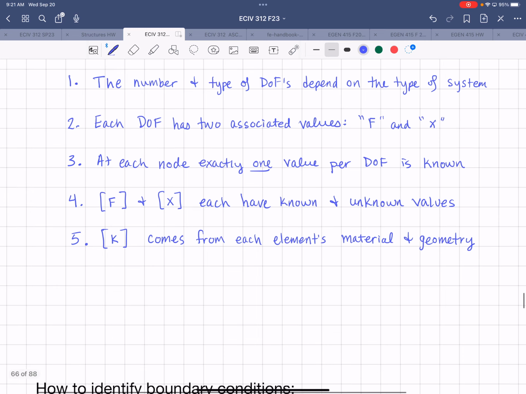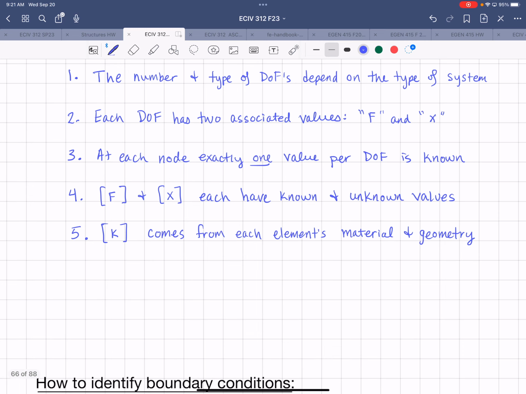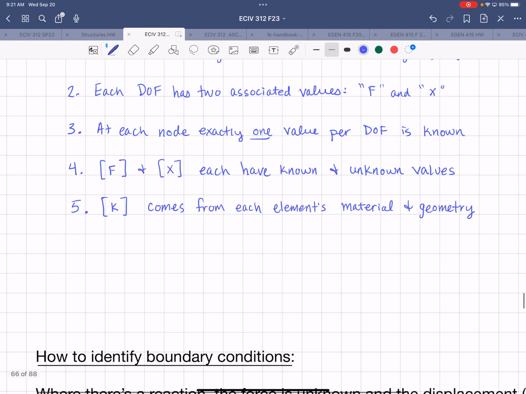The material property that's relevant is going to be, of course, Young's modulus. The geometric properties that are relevant depend on the behavior that we're considering. So we'll look at that when we start looking at individual systems.